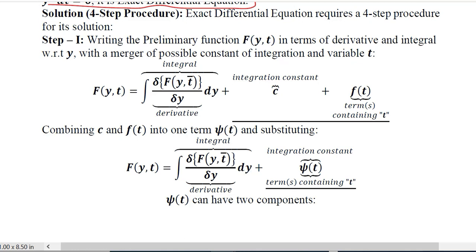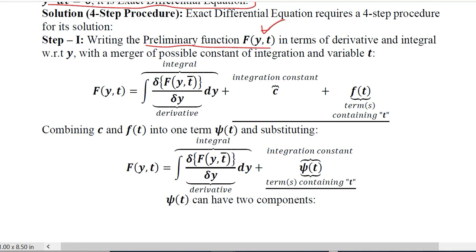So let's try to understand these steps one by one. The first step is about developing a preliminary function, because we know that the solution we are looking for will be in terms of y and t, because y is likely to be a function of time, just like we usually do.